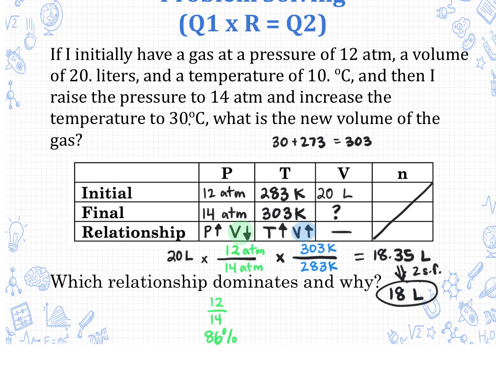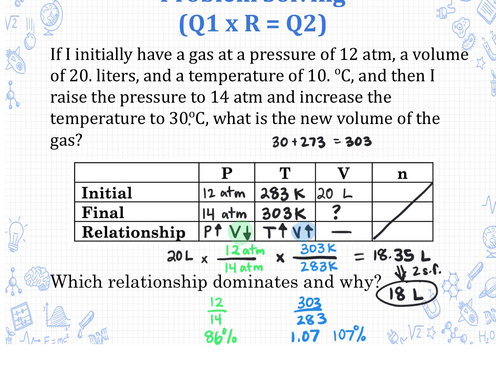On the other hand, the temperature fraction, 303 divided by 283, that's equal to 1.07 or 107%. So in that case, the temperature went up by 7%, so the volume also went up by 7%. And it says which relationship dominates?